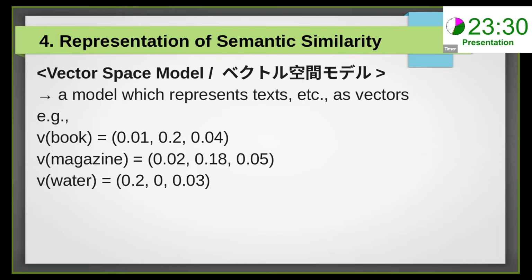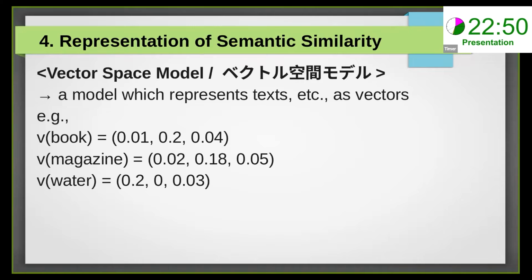The term vector space model is usually applied to the vector representation of documents or text, but let me introduce this term in the application to words. And in this vector space model, every word is represented as a vector, and a vector has both direction and magnitude, and usually has 2 or more dimensions, as you see in the example.